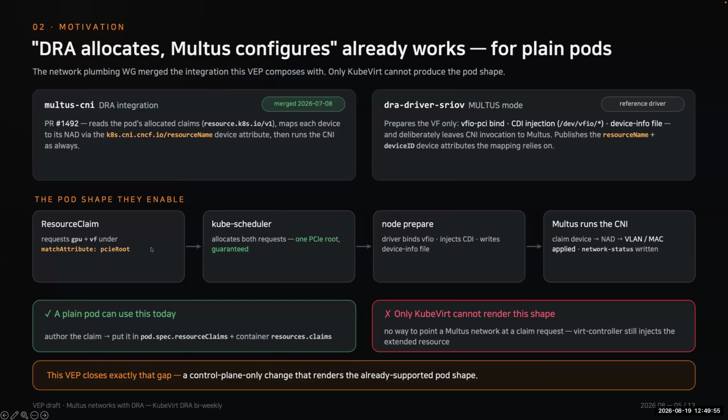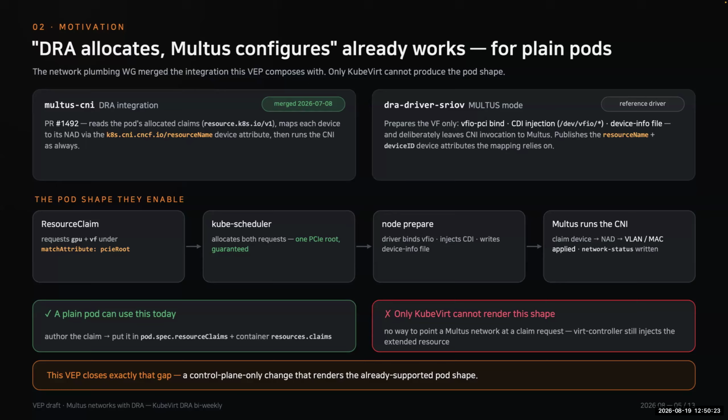Why is it a requirement that you have to use the Multus CNI, and you can't use the SR-IOV driver in Multus mode for this? Actually, for plain pods, we can use the Multus mode of the DRA driver SR-IOV, but we cannot use that for KubeVirt.